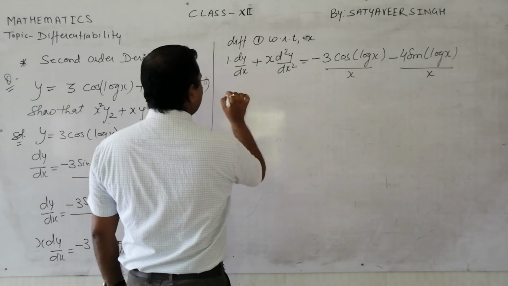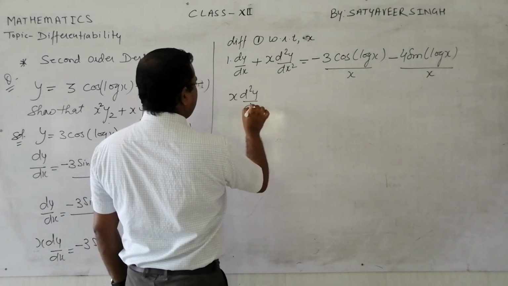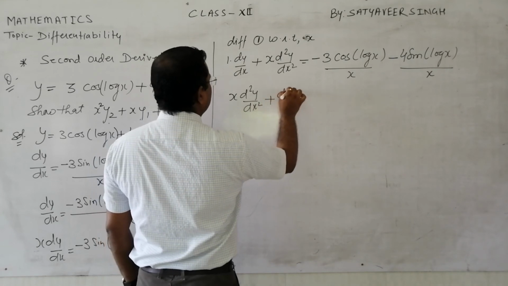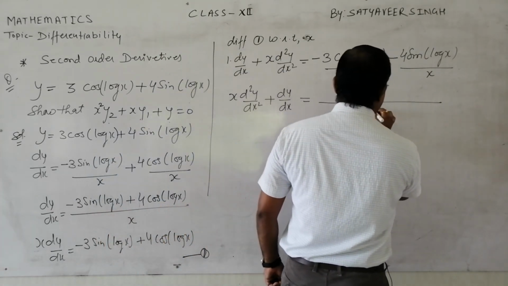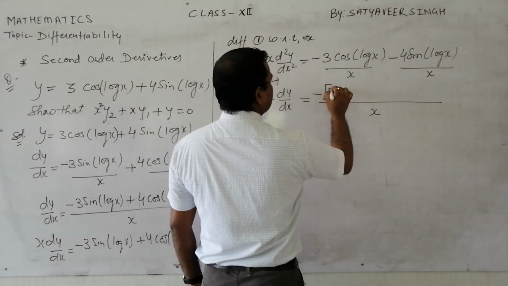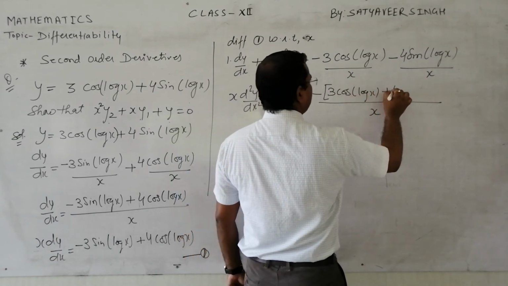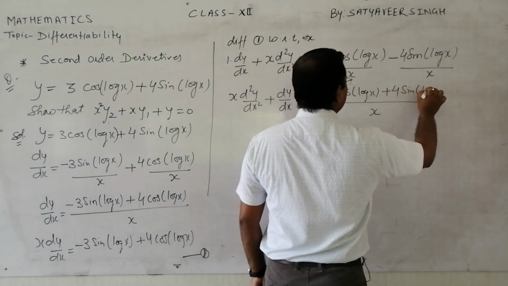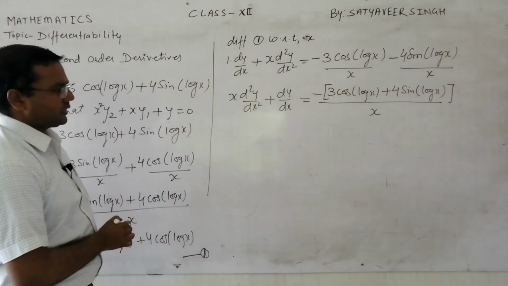And this again we can write in this form x d2y upon dx square plus dy upon dx is equal to, taking LCM x again, minus common, 3 cos log x plus 4 sin log x. See student, I hope it is clear.